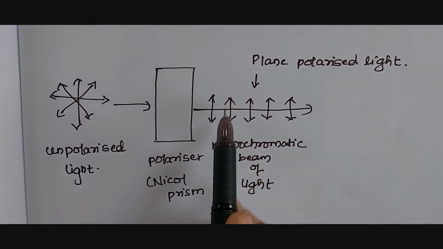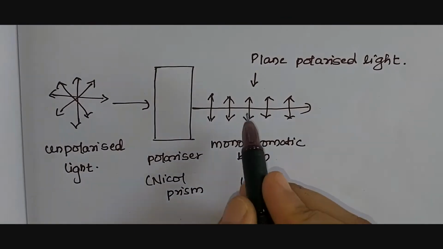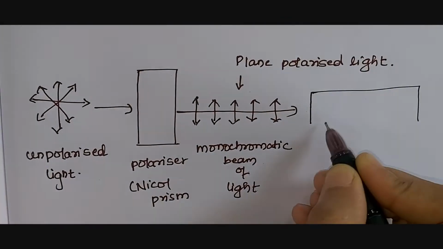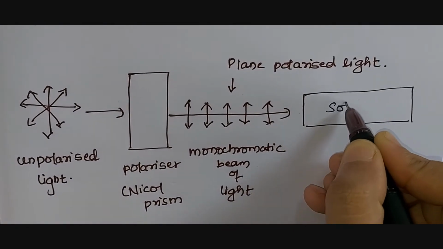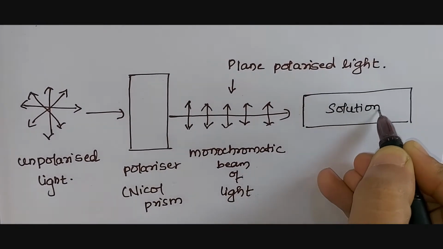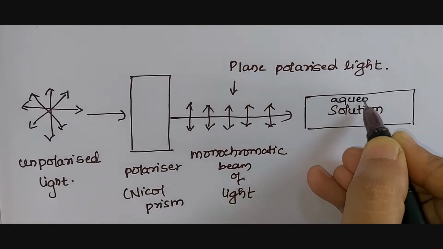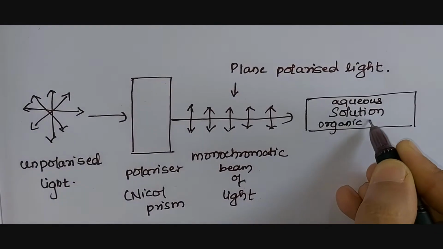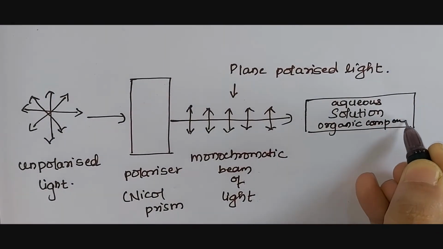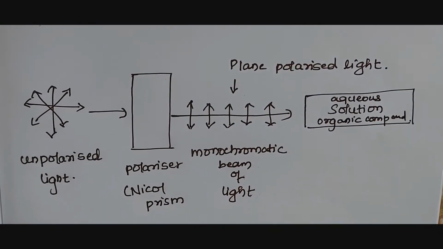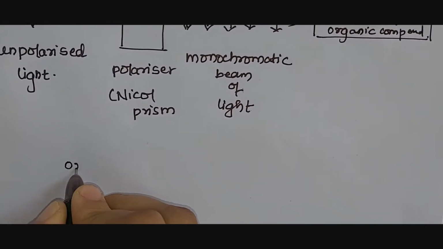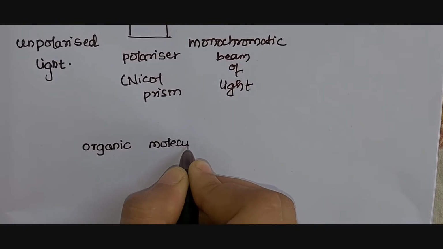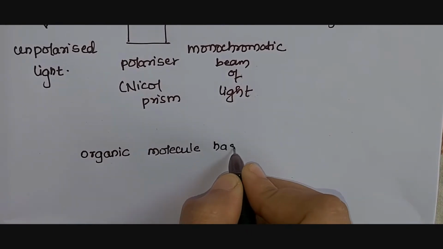Now when this polarized light is made to pass through an aqueous solution of an organic compound, we will observe two things: either the light will move in a clockwise direction or in an anti-clockwise direction.